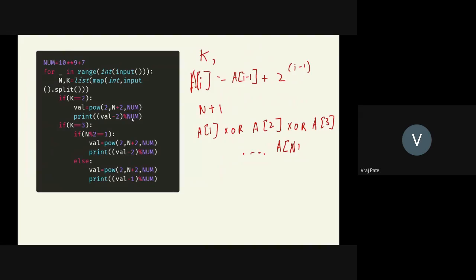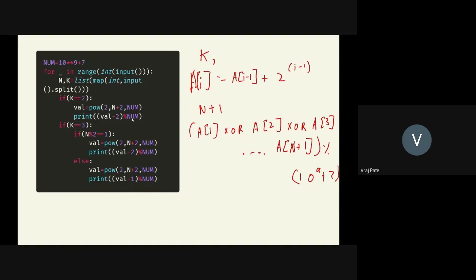Since this could be very large, you had to print this modulo 10 power 9 plus 7. By looking at the constraints for this problem, what you should have understood is that this problem is actually based on just finding a pattern.